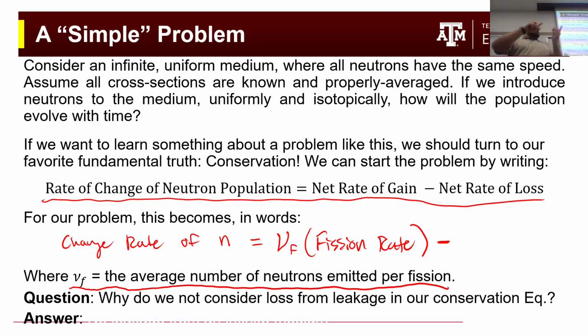Sometimes we get absorbed and we don't cause a fission. So any absorption would technically be a loss. Some of those absorptions would lead to gains because the absorption would cause a fission, but some would just be radiative capture or some other reaction that doesn't cause new neutrons to be born. So the rate of loss is just going to be my absorption rate. Perfect.